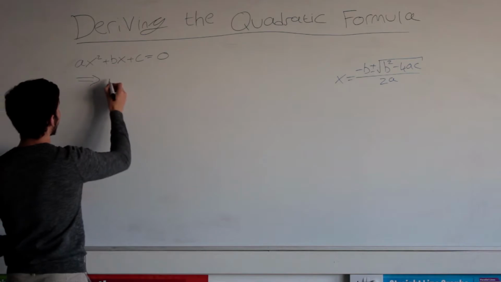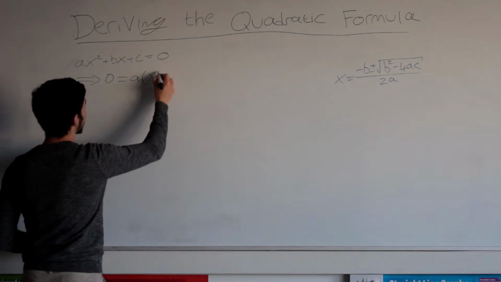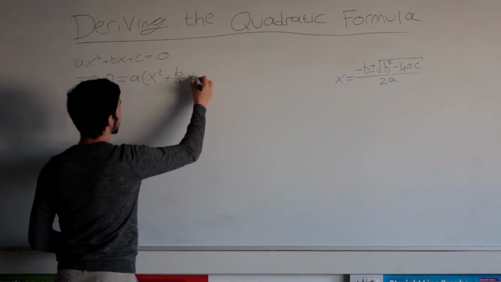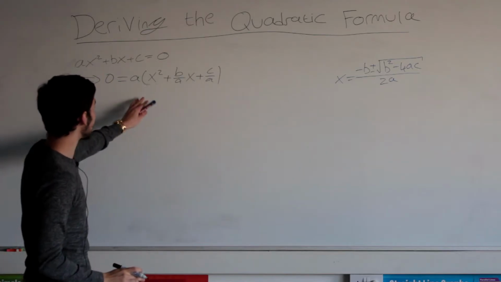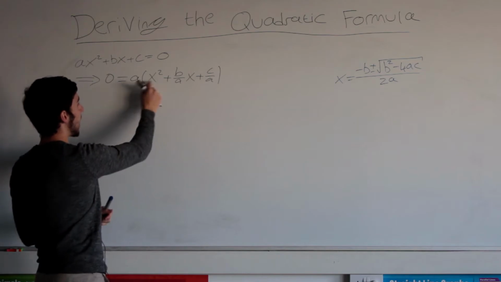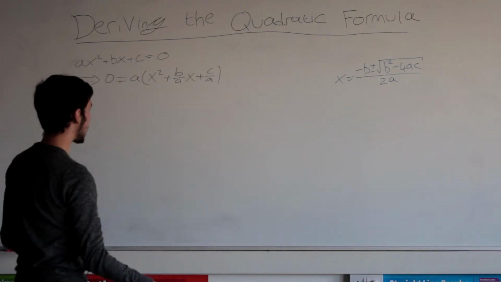So let's say that 0 is equal to a times x squared plus b over a x plus c over a. That should be a trivial move at this point because we've seen it already, and using our expanding knowledge, we must agree this and this are the same thing.